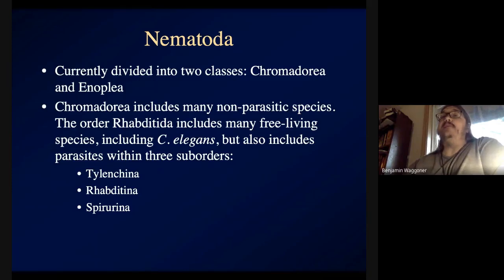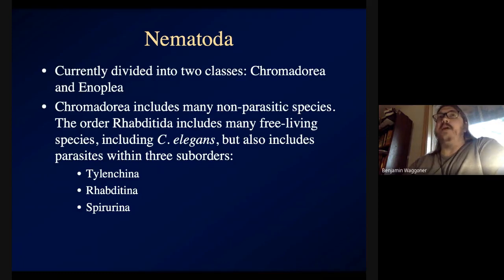There's many free-living species in an order of the Chromadoria called the Rhabditida, and that includes, for example, Caenorhabditis elegans, the one I showed you back last Wednesday, I think, that is used so much as a model organism in developmental biology and aging research.